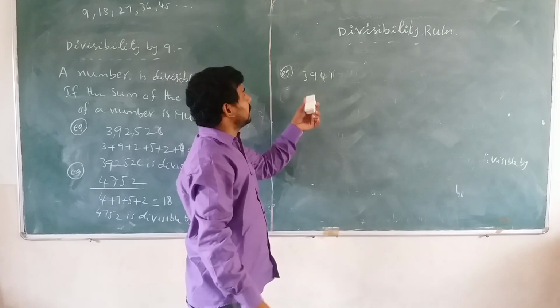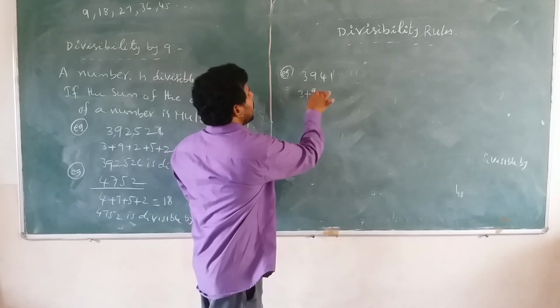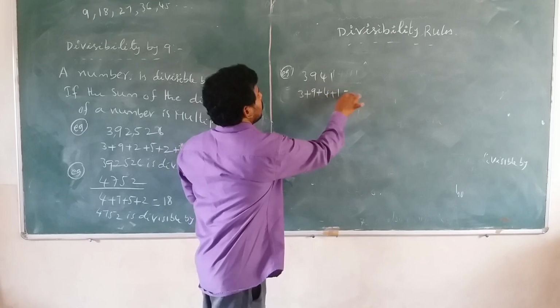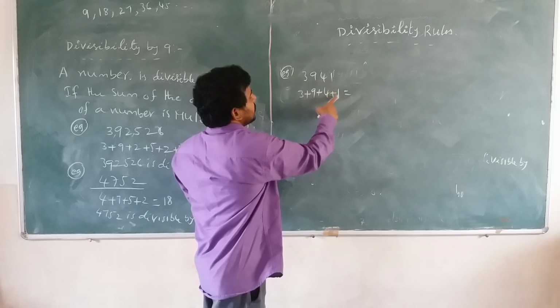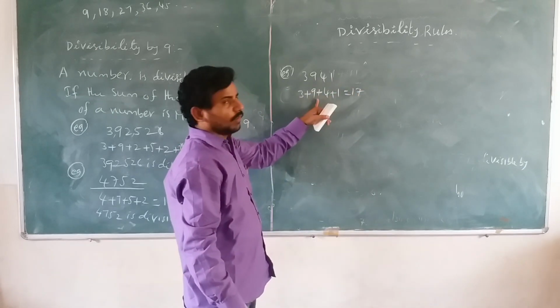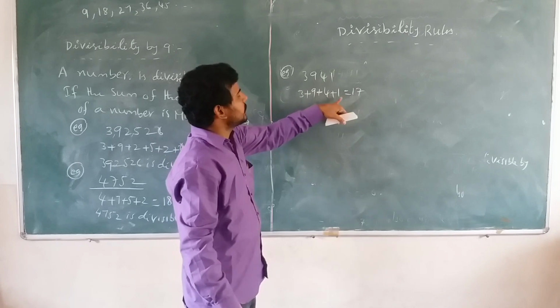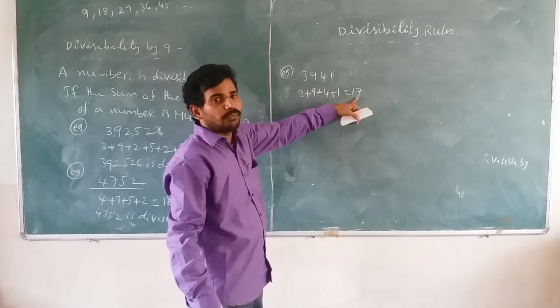A four-digit number is given here, children. 3,941. The sum of the digits: 3 plus 9 plus 4 plus 1. 3 plus 9, 12. 12 plus 4, how much children? 16. 16 plus 1, how much children? 17. Once again, 3 plus 9, 12. 12 plus 4, 16. 16 plus 1, 17. 17 is not a multiple of 9.